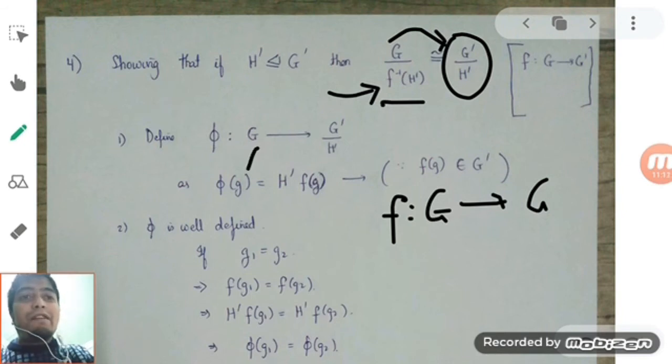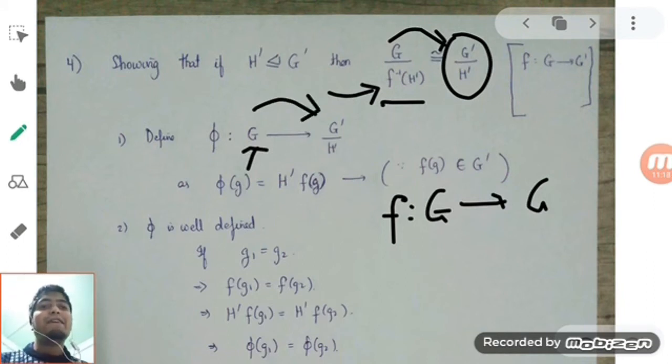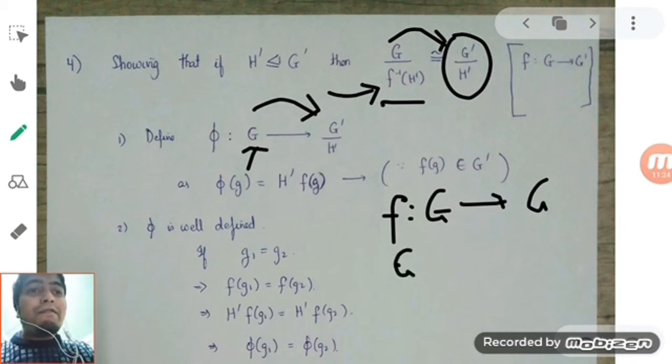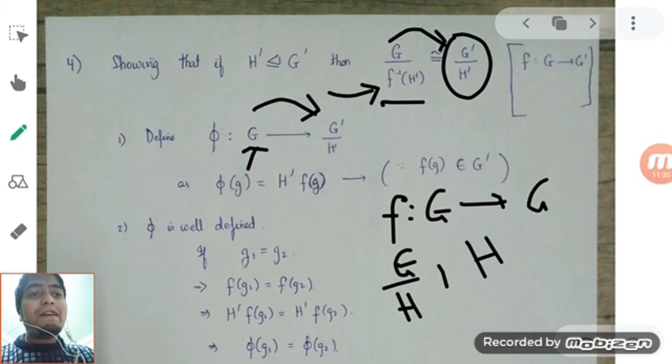It should take an element of G to an element of G dash by H dash. G dash by H dash is a quotient group. All elements of G by H are of the form Hx, where x is an element of G.